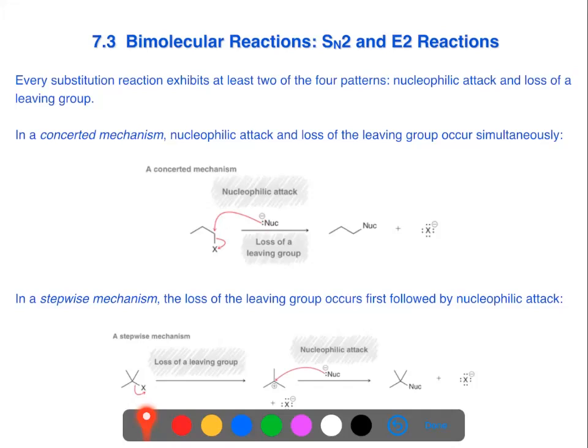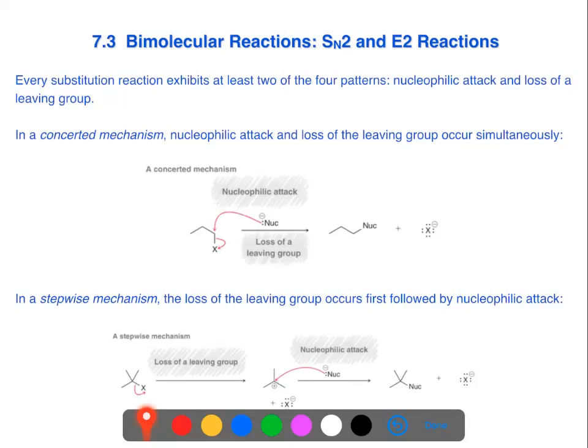So as the nucleophile carbon bond is starting to form, the carbon leaving group bond, in this case X, is starting to break.